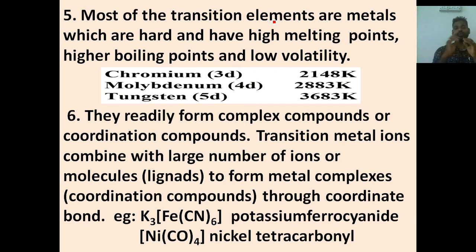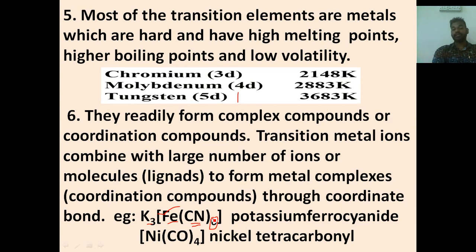Here we have one example. See here, K3[Fe(CN)6]. Here Fe, iron, is the central metal, and CN we call the ligand. So a single iron atom combines with 6 CN minus ions.